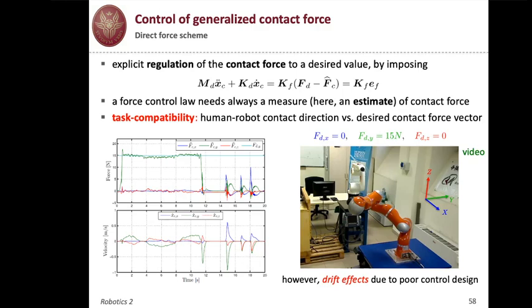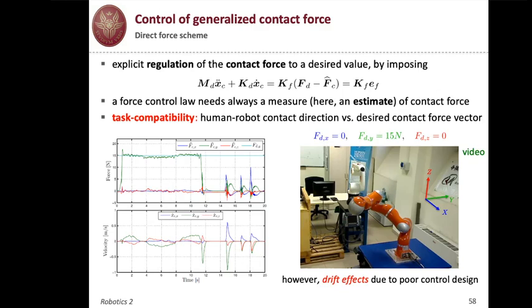But what happens along the y direction? There's no force being applied, although the robot is seeking for 15 Newton of contact force. So if you're not pushing in the y direction, the robot will accelerate against you, trying to find the 15 Newton of regulation.